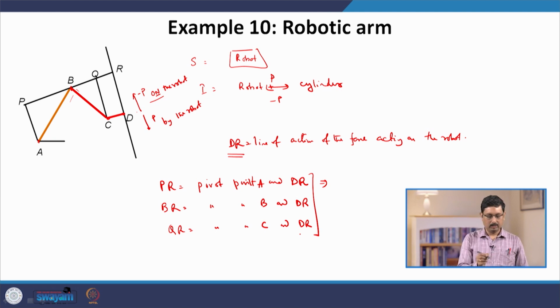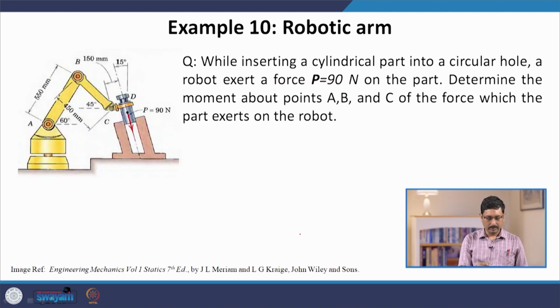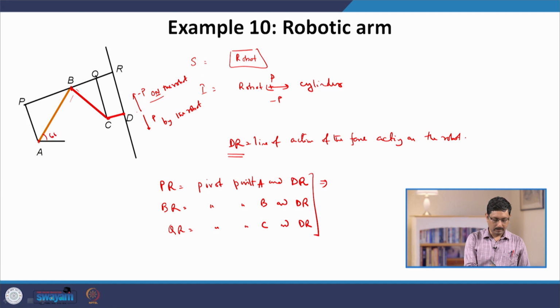Then the only thing required is to use the information provided here. This angle is 60 degree, this angle is 45 degree. If you draw a line here, this angle must be 60 degree, and this AP is perpendicular, so these are all 90 degrees.